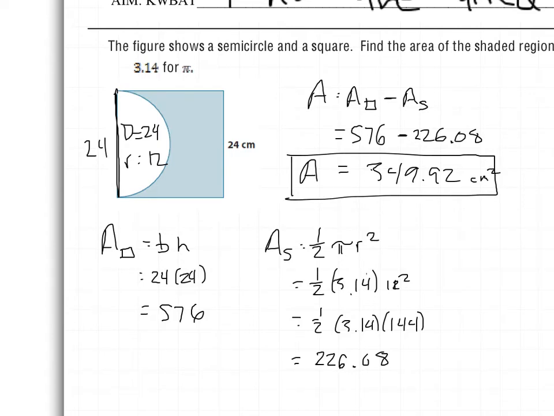Alright, so again, thinking through the steps here, what does high quality work look like? It starts with having an equation that tells me the story of this particular problem. What do I start with? What do I add? What do I subtract in terms of areas? And then something that clearly shows me how all of the individual pieces of area that are either added or subtracted are found.